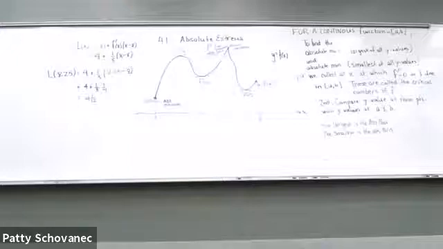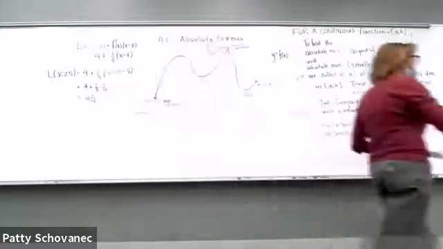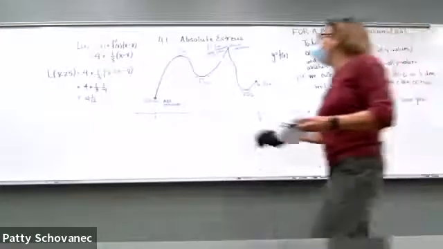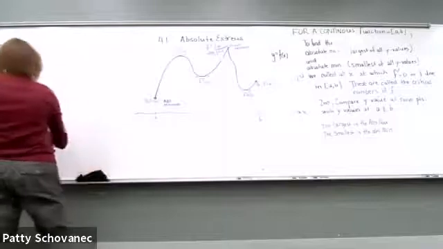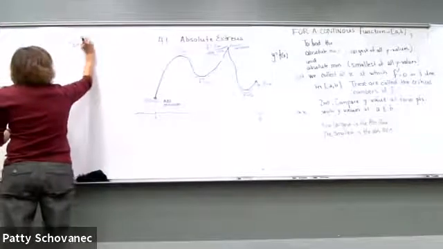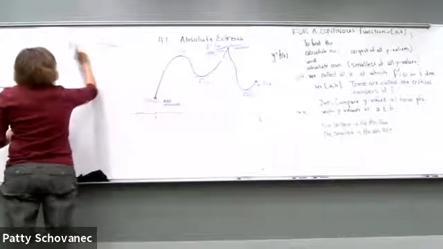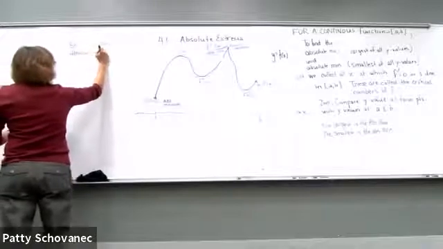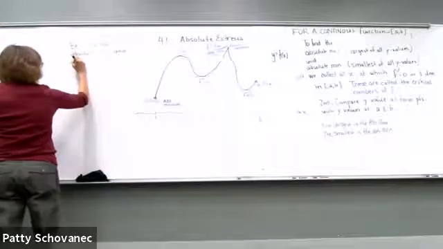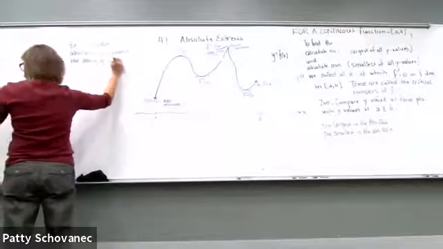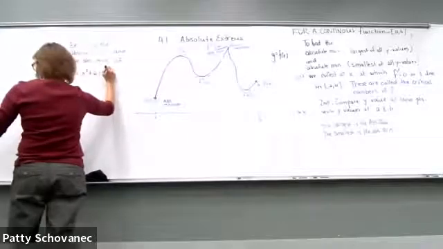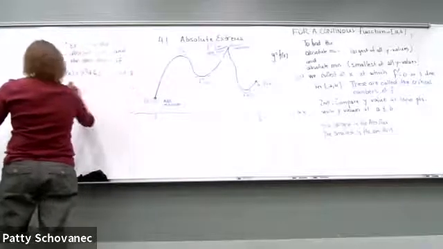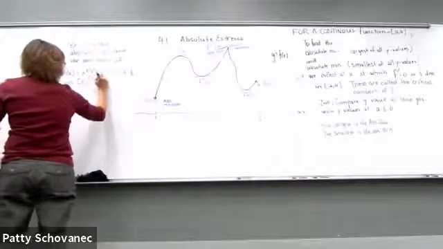So let's kind of start with something kind of easy. Find the absolute maximum and the absolute minimum of f of x equals x cubed plus 6x squared plus 9x plus 8 on the interval from x is 0 to x is 10.